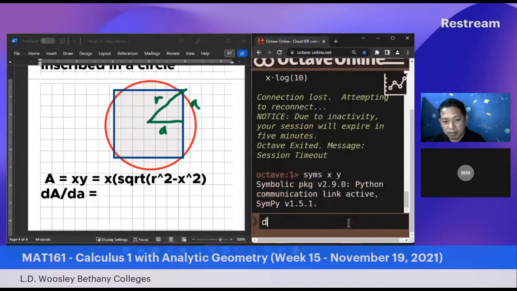Ang haba nito, yung diff of x times square root of. So siguro i-treat niya na constant. Dapat pala ma-treat niyang constant yun. Sana nga ma-treat niyang constant.